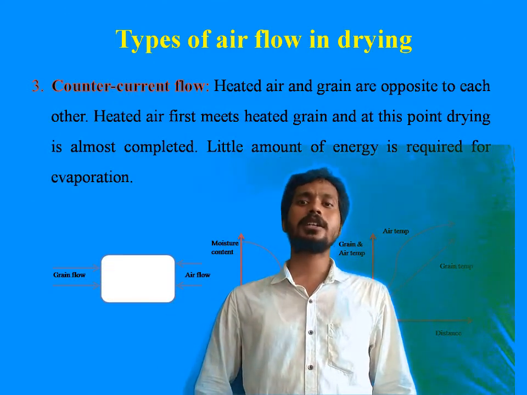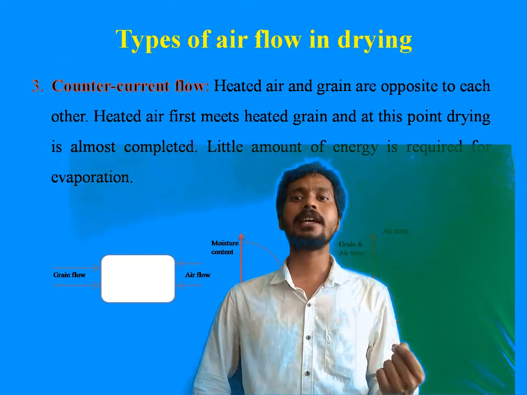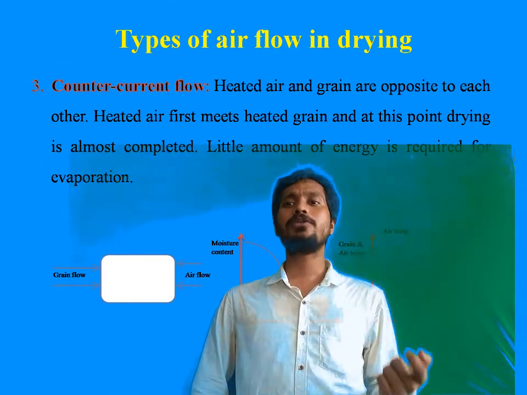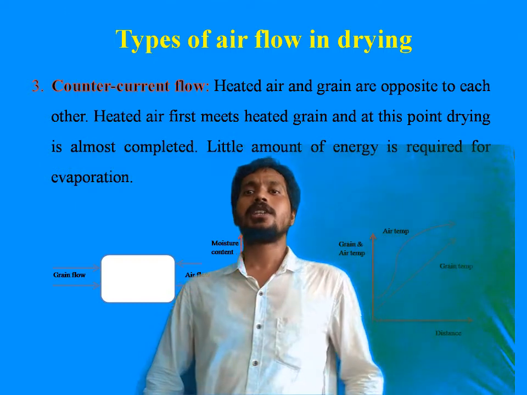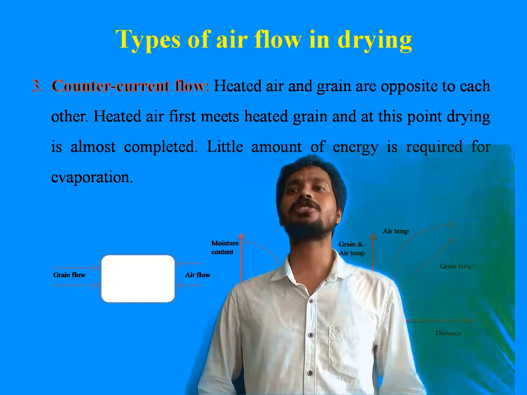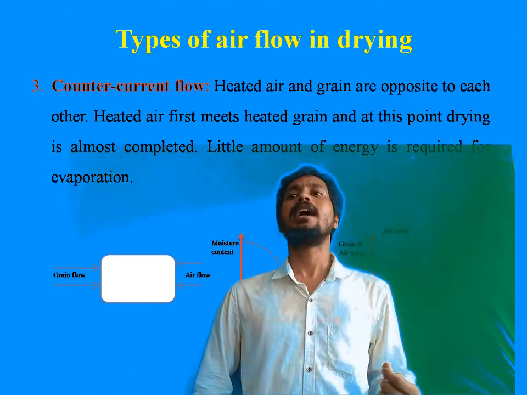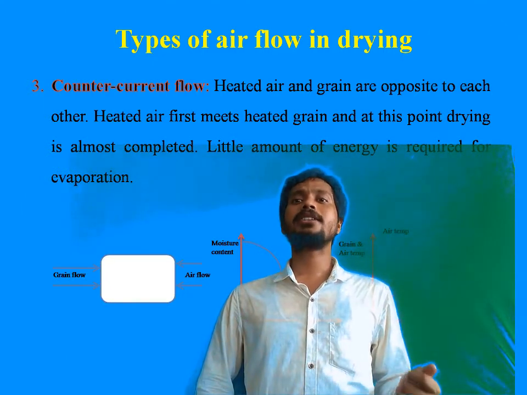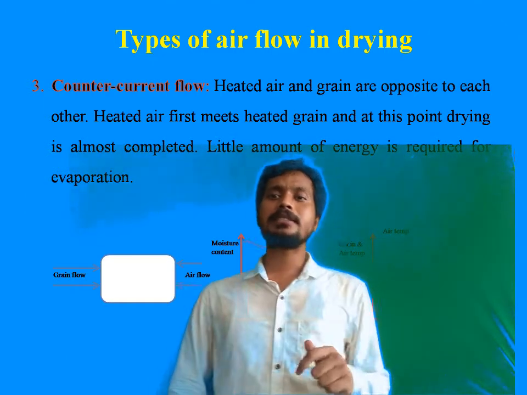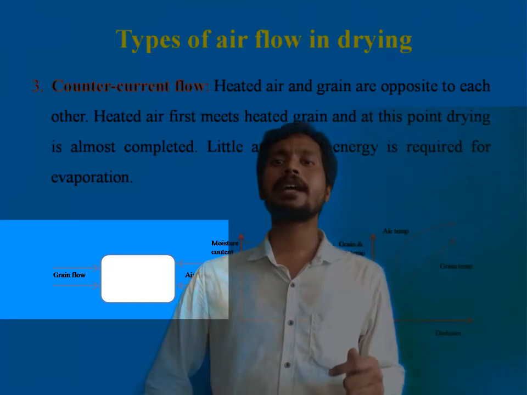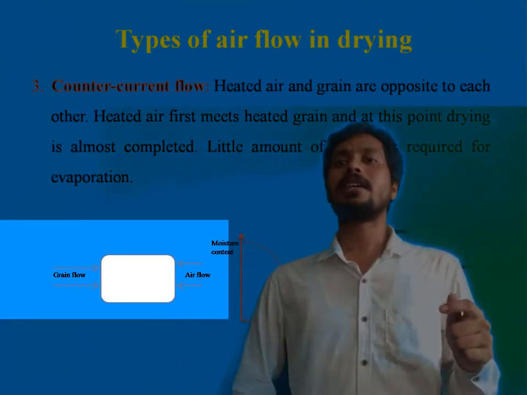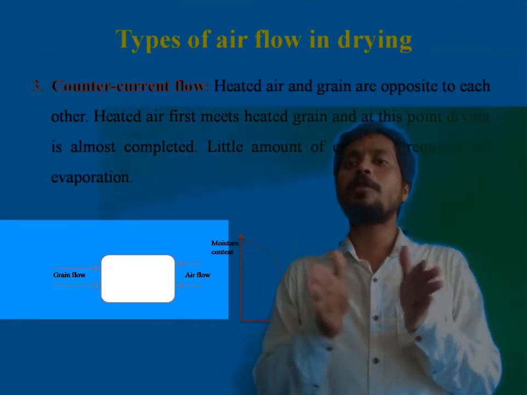So counter current flow means here heated air and the grain both will flow opposite to each other. So here heated air first meets the heated grain and then drying is almost completed. Means in this case you see in the diagram the grain and the air are coming from opposite sides.